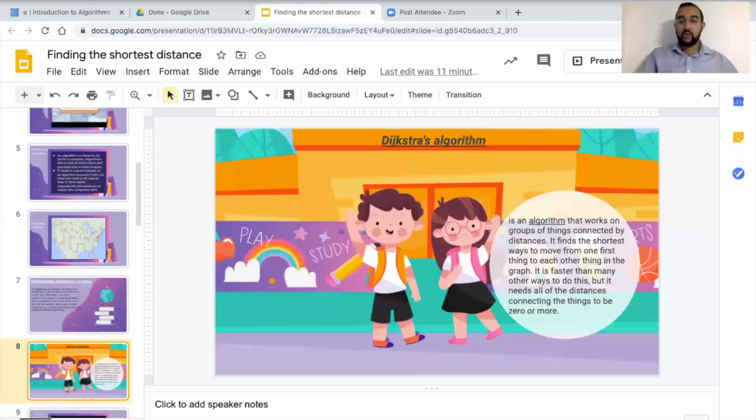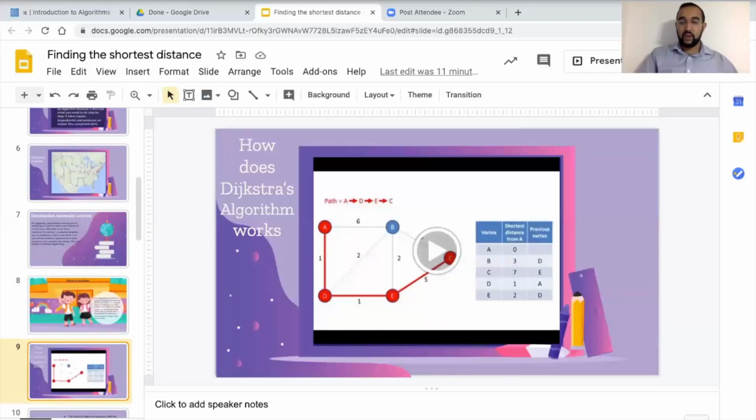And then we introduce Dijkstra's algorithm, what Dijkstra's algorithm is and what it does. There's a small video about how Dijkstra's algorithm works. And obviously you can pause the video and ask questions to students if they understand, to gauge and see what their current understanding is.